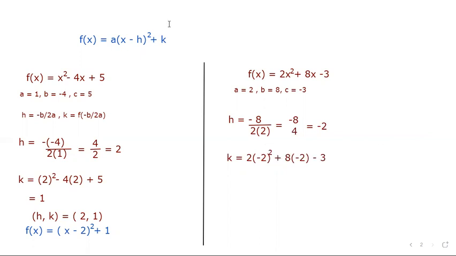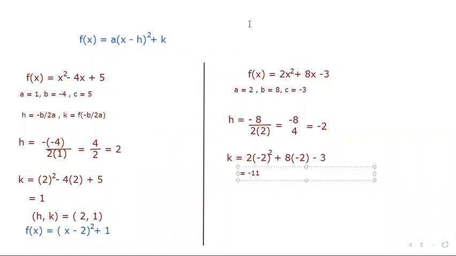Okay, so let's do this one. It's going to be important to remember the order of operations. -2 squared is 4 times 2, which is +8. 8 minus 16 is -8. And -8 minus 3 gives us -11.